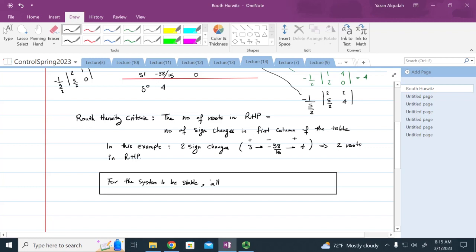I mean, if they're all negative, we can just take the negative sign, and they're going to become all positive. All elements in the first column must be positive. Straightforward?